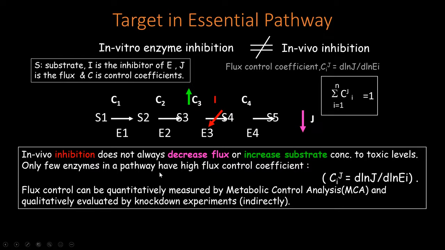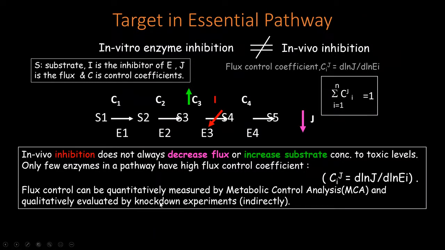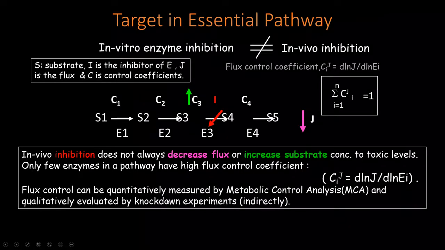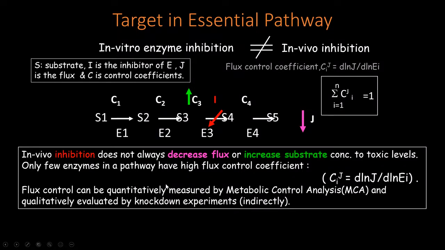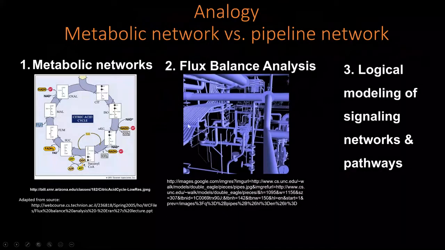You can do it indirectly by knockdown experiments, which are molecular biological experiments, and I will tell you some recent reviews as well as a wonderful, very recent application of it. So experiment and theory go hand in hand, and particularly this is a field where they do. As I told you, there are 3 different ways you can handle these problems.